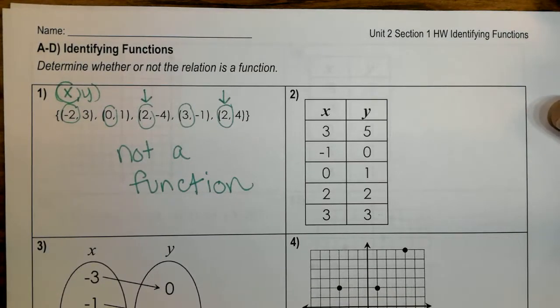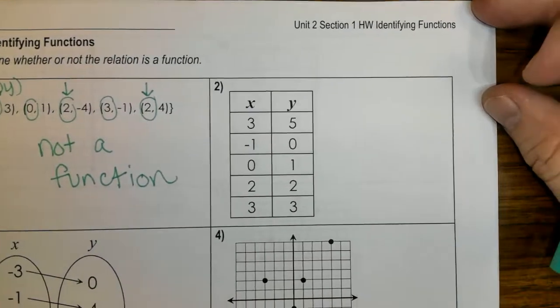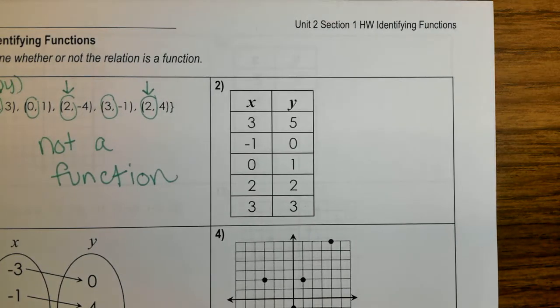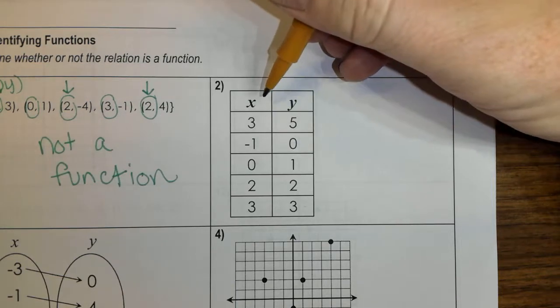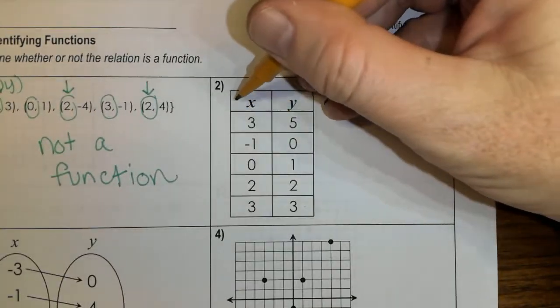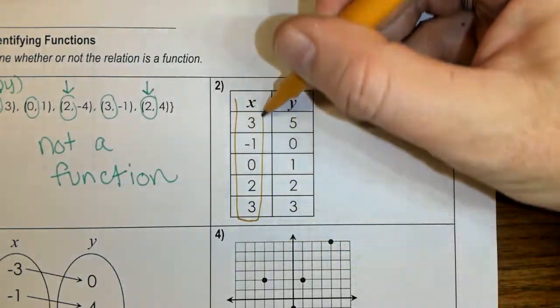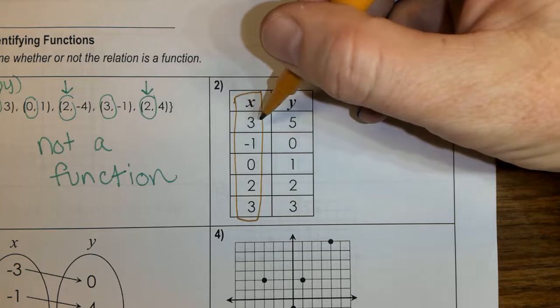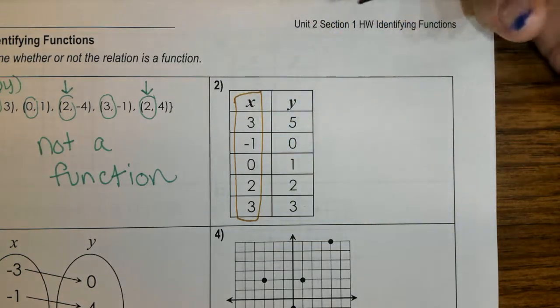So that's fairly simple. Looking at number 2, very, very similar. I have a table now. Here are my x values, here are my y values. To tell if it's a function, I only care about the x values. This one's a little easier, I think, because all your x's are in one column. I just go through and see if any number repeats.